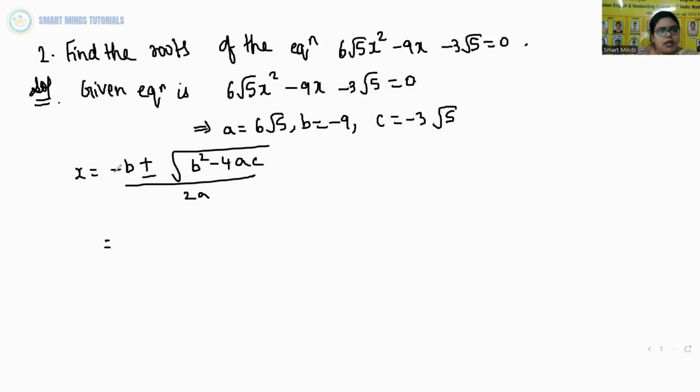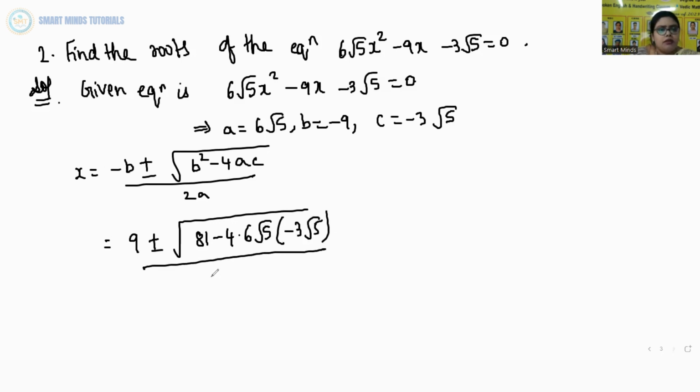Now substitute. Minus of minus 9 will become 9 plus or minus root over 81 minus 4 into 6 root 5 into minus 3 root 5 by 2 into 6 root 5. So that is 9 plus or minus root over 81, minus into minus will become plus. 4 into 6 is 24. 24 into 3 is 72. 72 into root 5 into root 5 is 5.